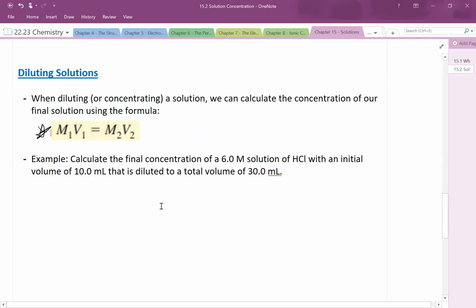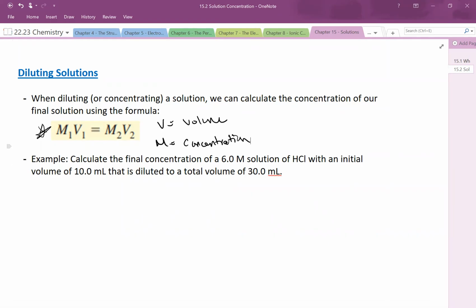M1 times V1 equals M2 times V2. And I didn't actually state this, but V equals the volume, M equals the concentration. Typically this is done using molarity, so we'll typically stick to molarity, but we can use this formula for any type of concentration.